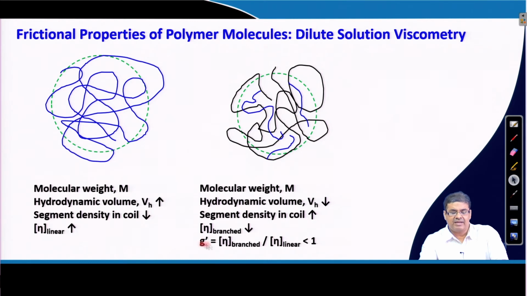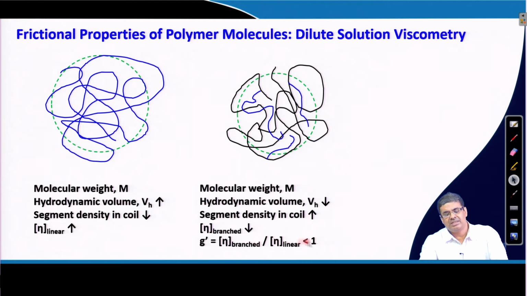And this is the factor which is generally used to express the extent of branching, which is a ratio of the intrinsic viscosity of the branched structure and the linear structure having the same molecular weight, and the higher the branching, the lower it becomes compared to 1.